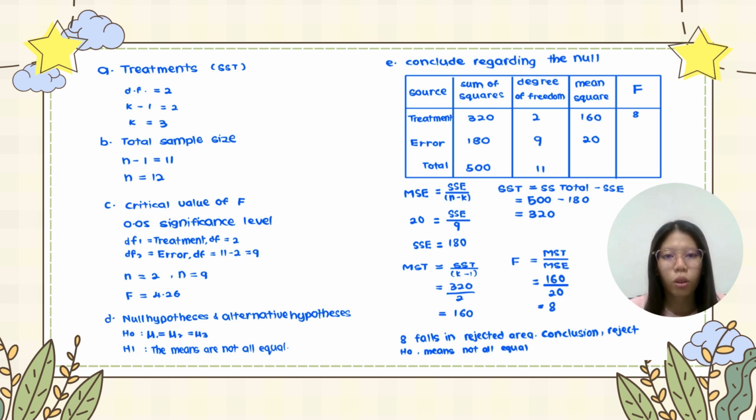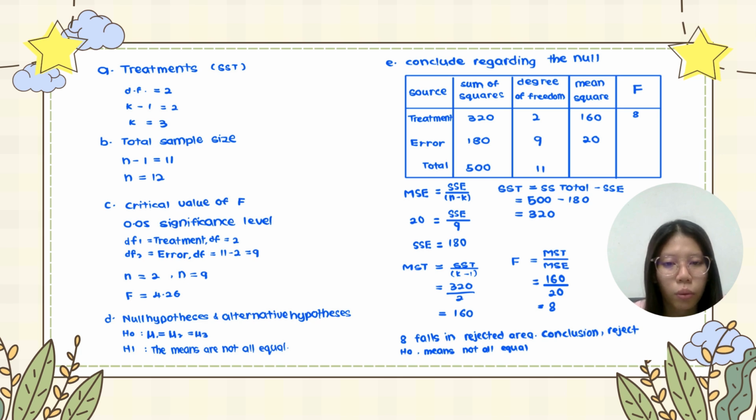And E is to conclude regarding the null hypothesis. So we will use the formula MSE equal SSE divided by n minus k. So 20 equal SSE divided by 9, so the SSE is equal 118. Now to calculate the MSD, MSD equal SSD divided by k minus 1.